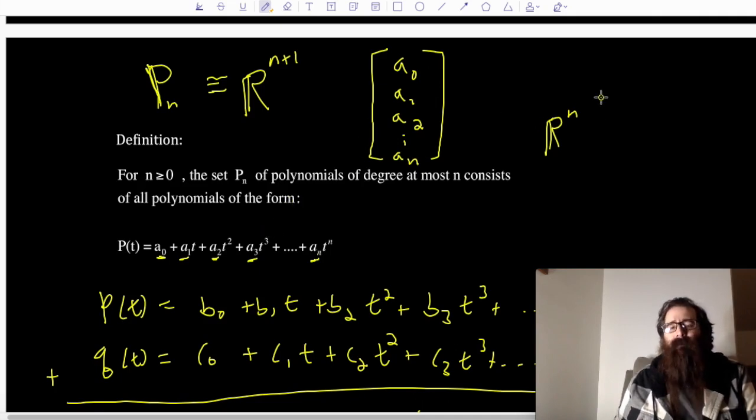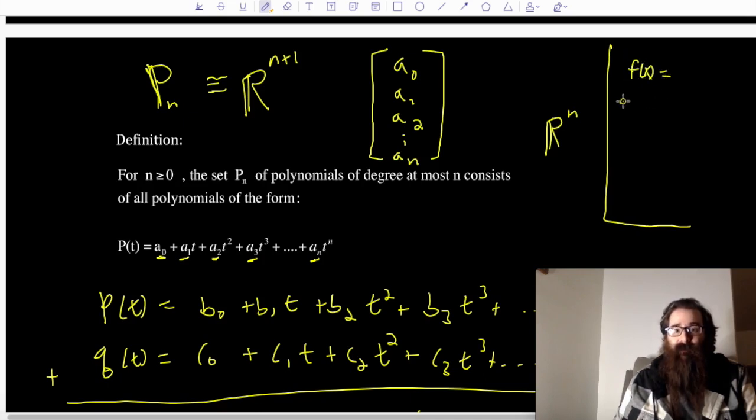And you think, well, if I tell you I have some quadratic, some polynomial of degree 2, what do I need to know? All I need to know is the constant and the coefficients. So let's say I have something like 2 plus 3x plus 4x squared.